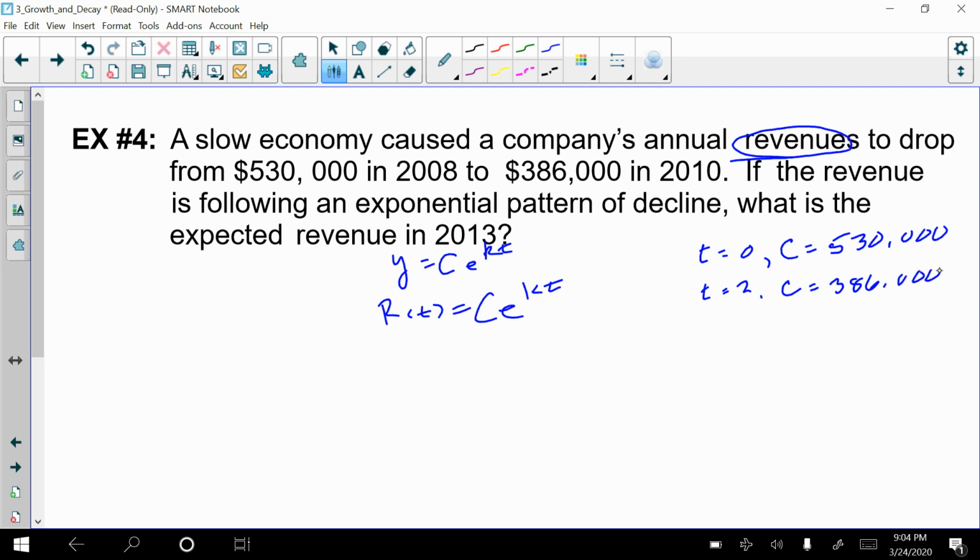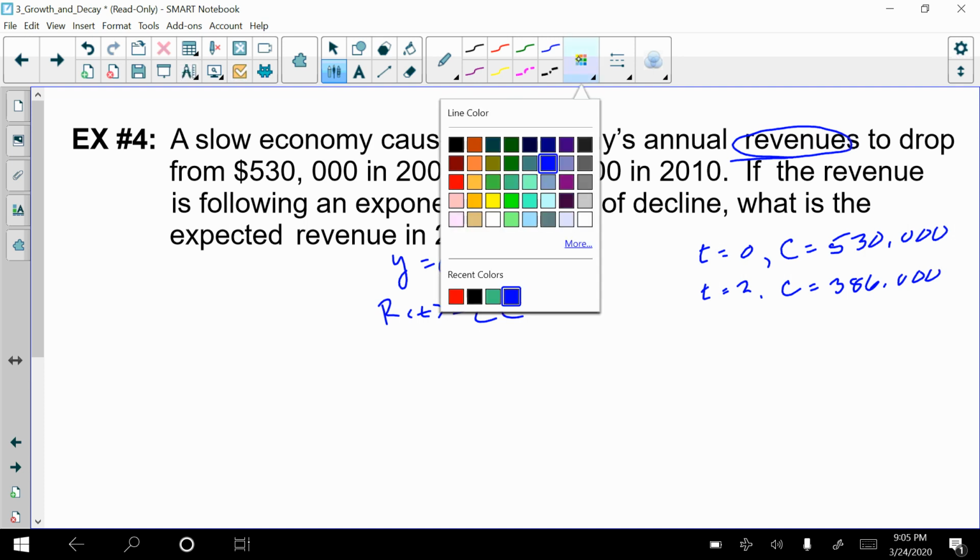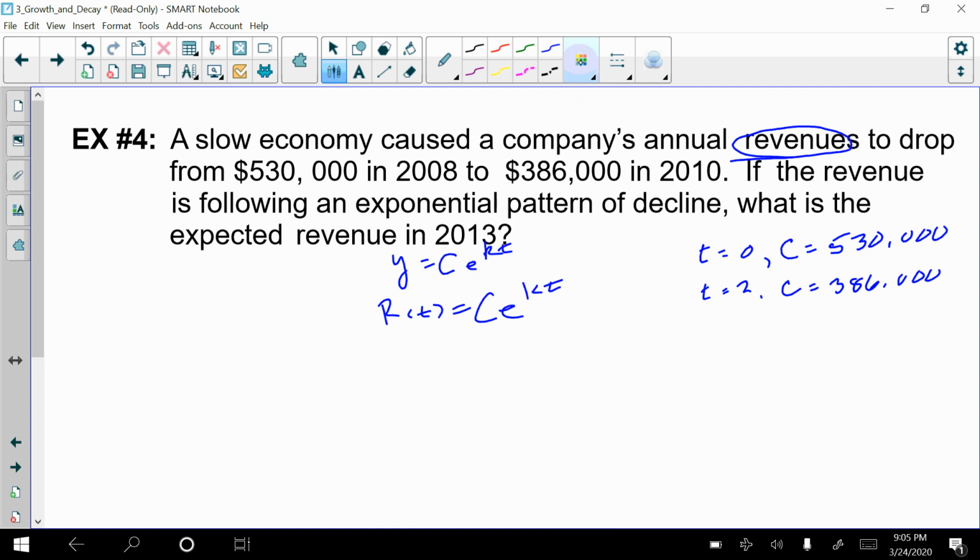Now, in order to be able to establish what it will be in 2013, 5 years after you initially start losing money, we definitely need to be able to find the value of k. That's really the only thing that's missing. So let's find k first.